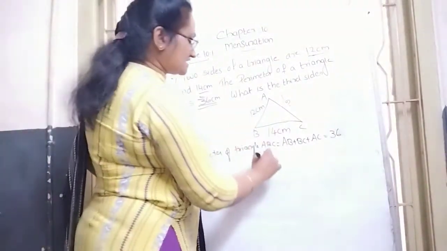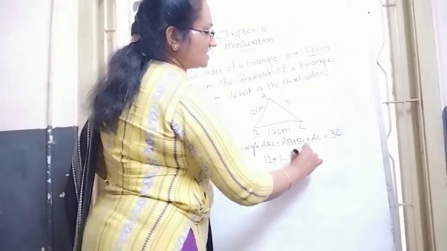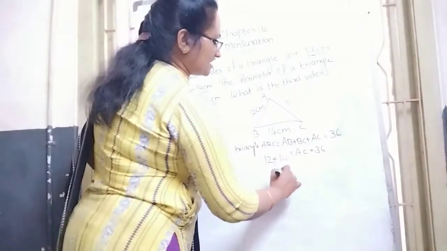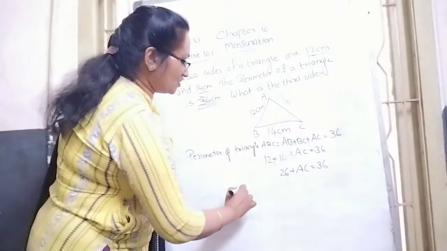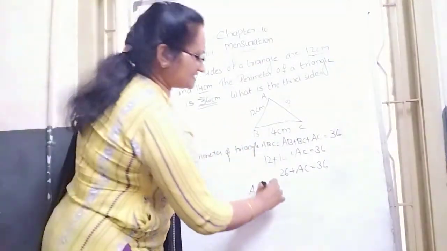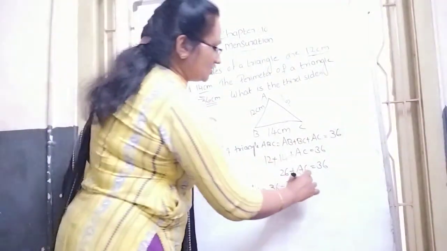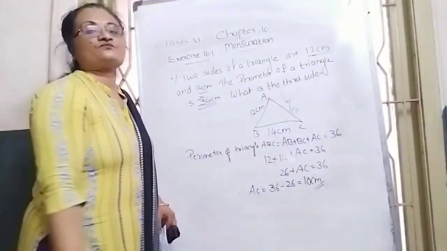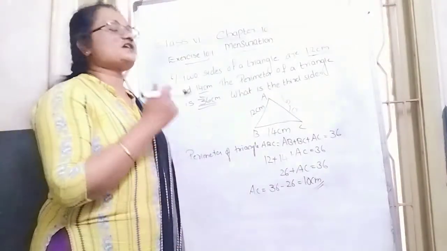AB side we marked 12, BC side 14, AC side, the third side, is unknown. 14 plus 12 comes to 26, plus AC is equal to 36. Therefore AC side is equal to, plus 26 goes to the opposite side and becomes minus 26. So 36 minus 26 becomes 10 centimeter, the measurement of the third side. In this way we want to find out.